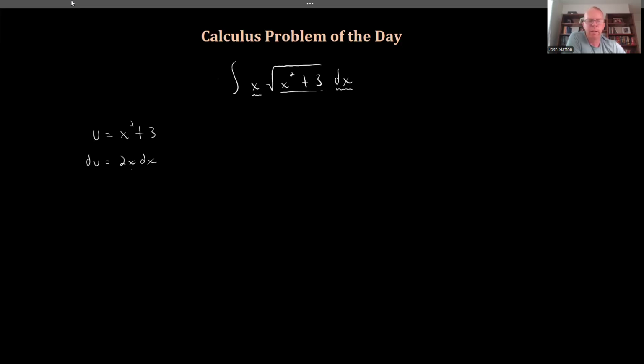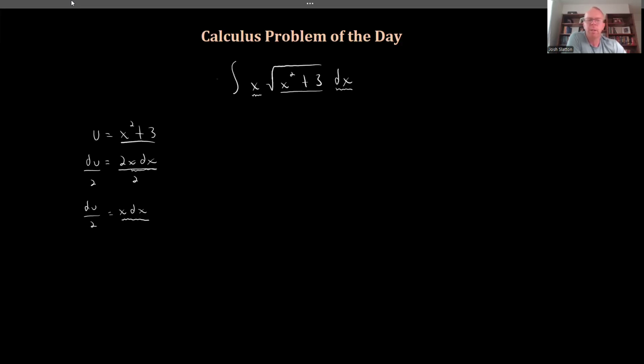Well, we have an X and a dx here. So let's divide this one by 2. So we get du over 2 equals x dx. And so now we got that. We got the little squiggly line for the x and the dx. So we have everything covered, and that's what you want.